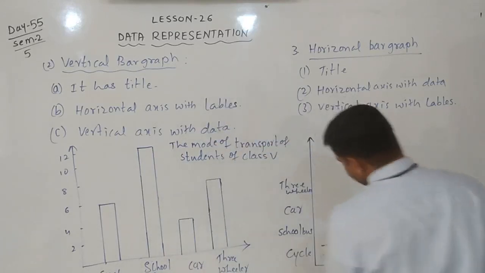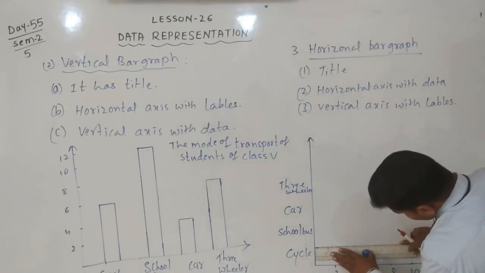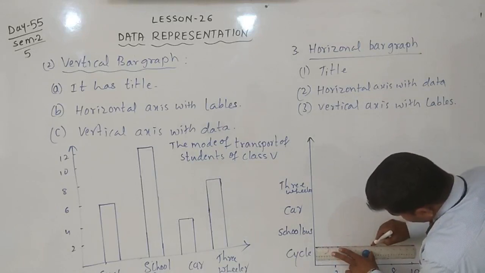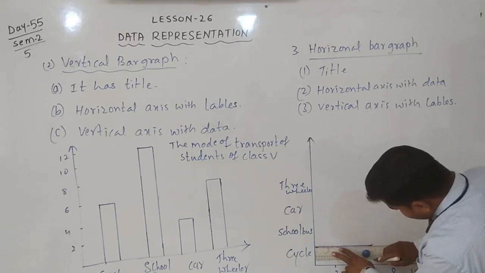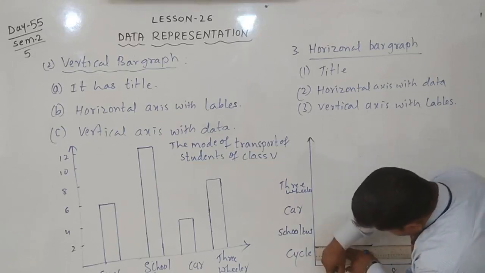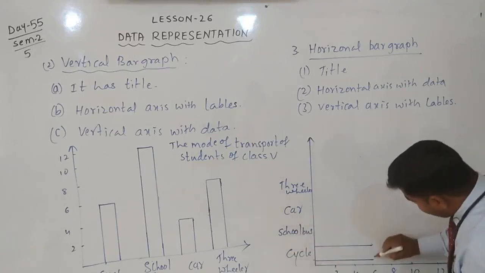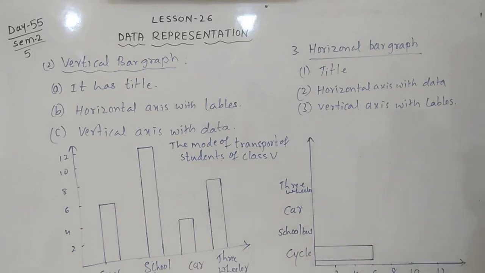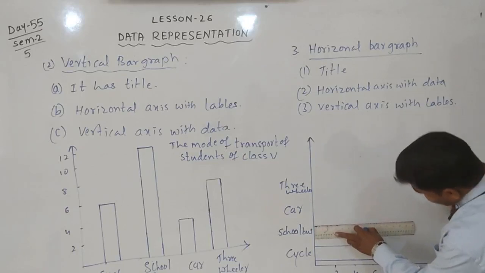By cycle, how many are coming by cycle? 6 children are coming by cycle. Then up to this. Yes, this is the horizontal bar. By school bus, 12 children are coming by school bus.